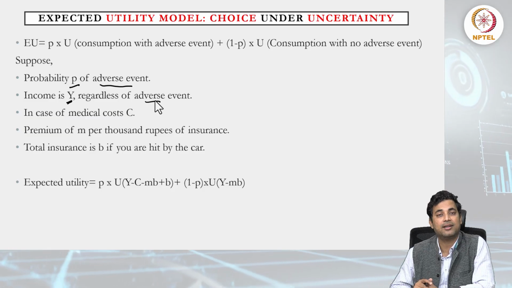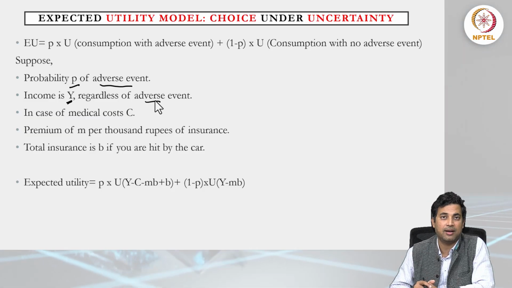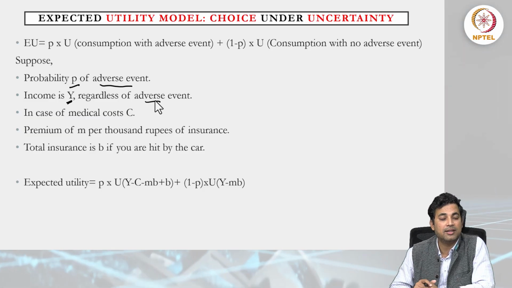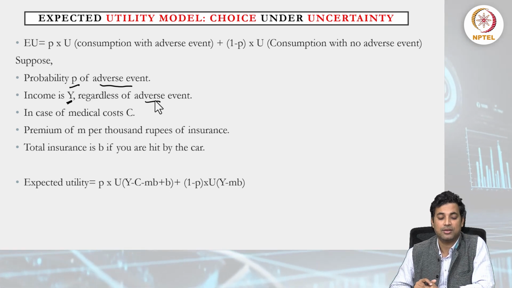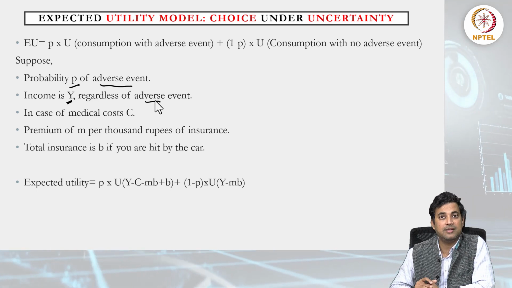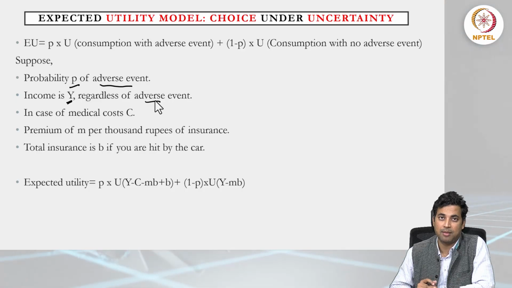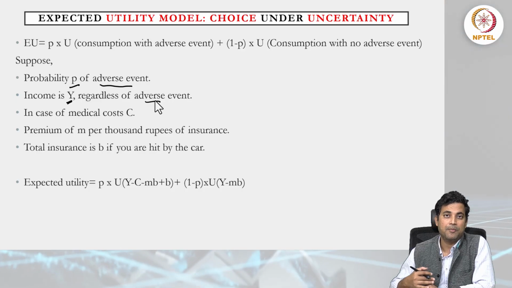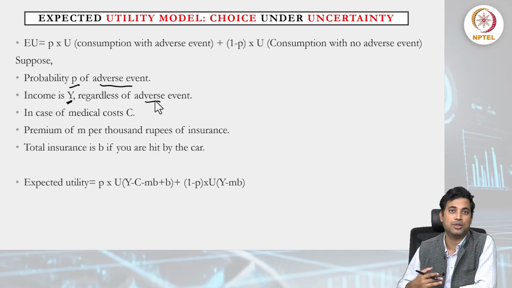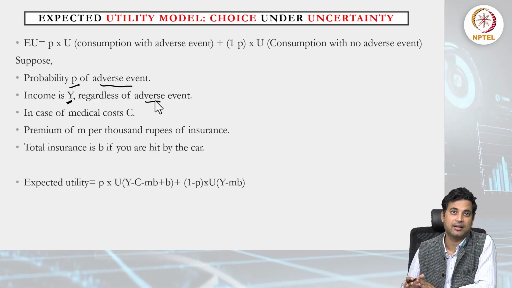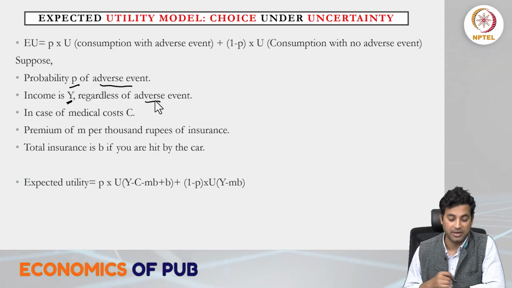So while I say that income is independent of the adverse event, certainly income is very important when we calculate the insurance. Therefore, the adverse event is independent of income level, but insurance in anticipation of the adverse event is connected to income, and therefore income is very important.